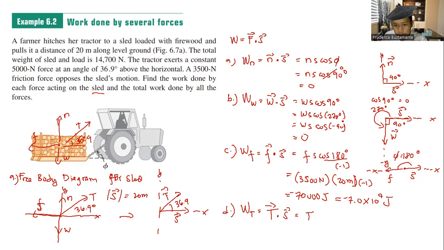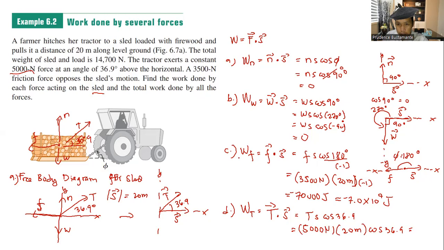So very simple: the magnitude T, the magnitude of the displacement, cosine 36.9. The tension force is 5,000 Newton, multiplied by the 20 meters, times cosine of 36.9.